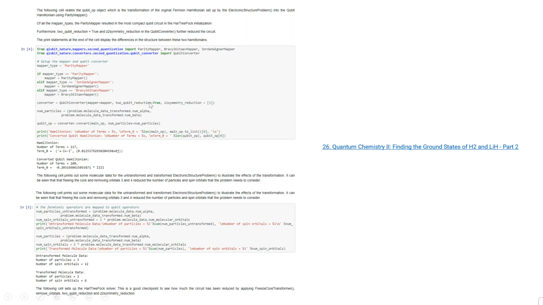So we reduced the number of terms using 2-qubit reduction and Z2 symmetry reduction before starting our problem. If you look at the untransformed data, we had 3 particles and 12 spin orbitals. But when we transformed it, we end up with 2 particles and 6 orbitals, just to show you some of the changes along the way and how this might really become beneficial at scale.